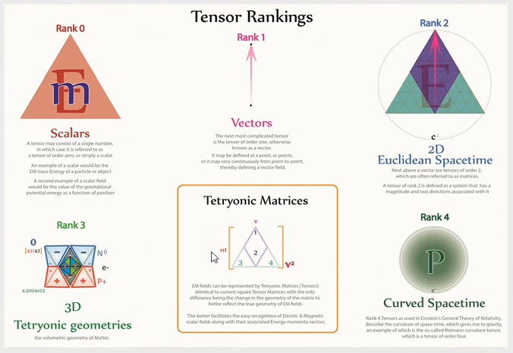All the square matrices that you can find in mathematics and indeed in relativity these days are square matrices, 1 by 1, 2 by 2, 3 by 3, and so on. All these square matrices again could be redrawn using Tetryonic geometry into equilateral geometries of matrices.